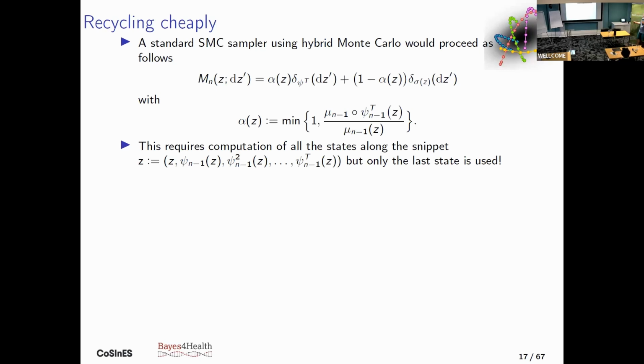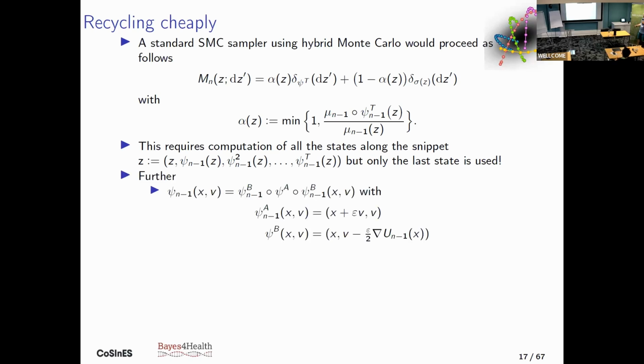I obtain a z prime, which is basically the result of the application of my integrator T times, but I've done all these computations in between, right? And I'm not taking them into account, right? In addition, it's really a pity not to use this information, because if you look back at what the integrator uses, basically it uses the gradient of the energy. And usually this is what is expensive, right?